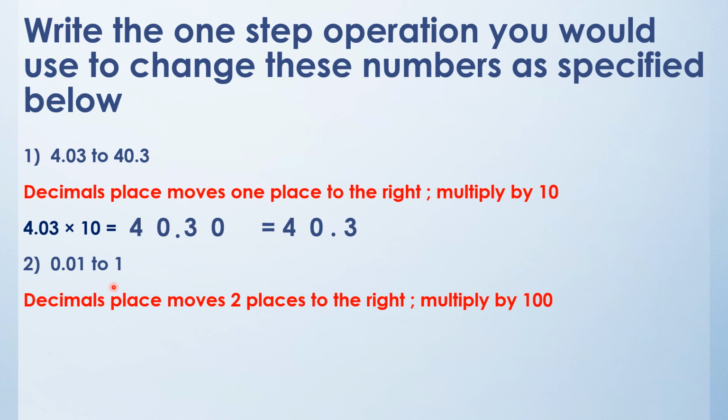It means multiply by 100. So let us multiply 0.01 by 100. First multiply ignoring the decimal point and what you will get is 100, and put the decimal after two places, 1 and 2. It means here. So it is 1.00 and which is equal to 1.